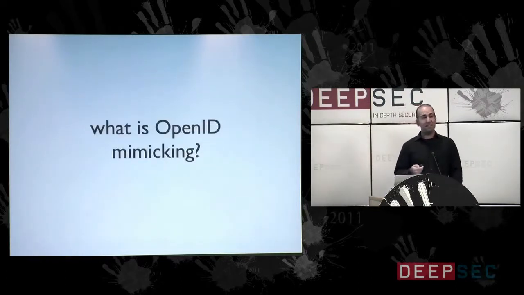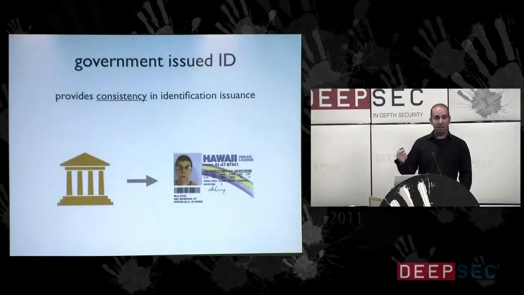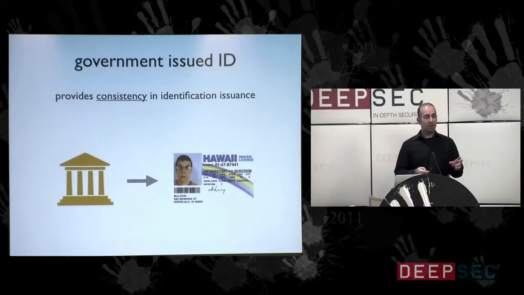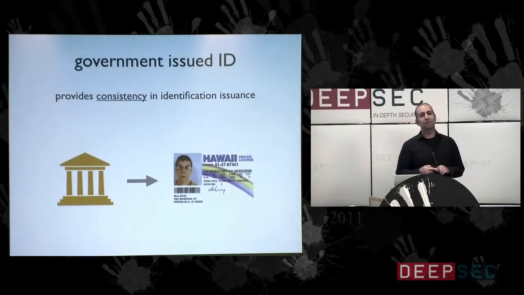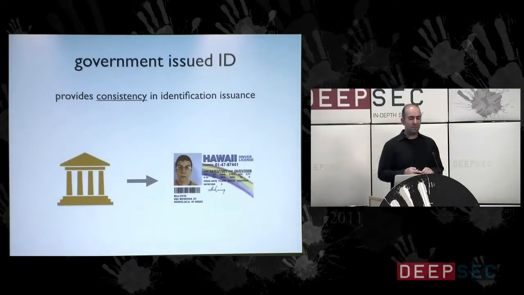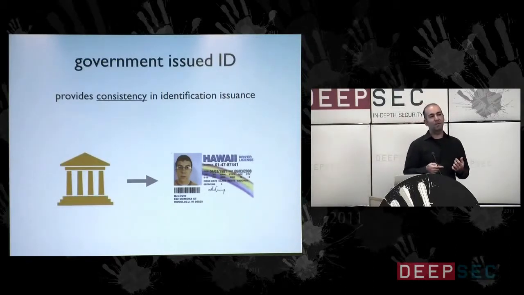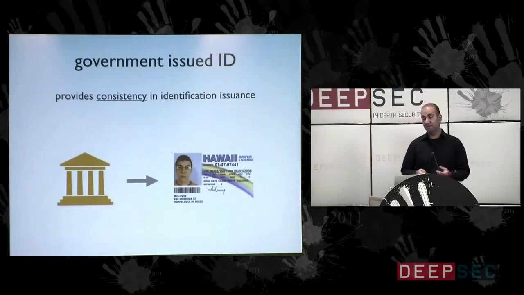So what does it attempt to mimic? Well, think about our driver's license or any government-issued ID. We go to a single, trusted identity provider, like some state or federal or national government, to get an ID, right? So when we travel, we don't go to every state or every country and apply for a new driver's license, right?